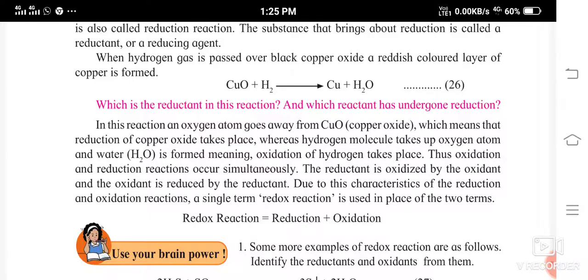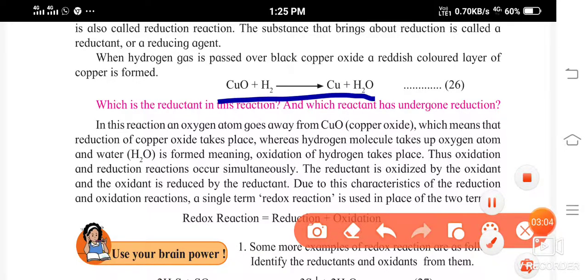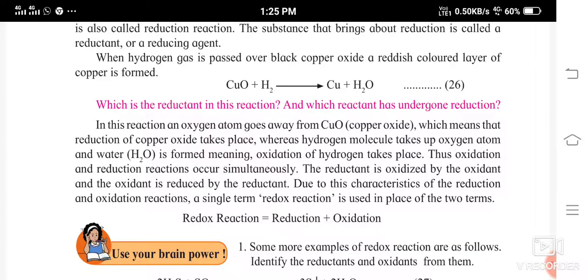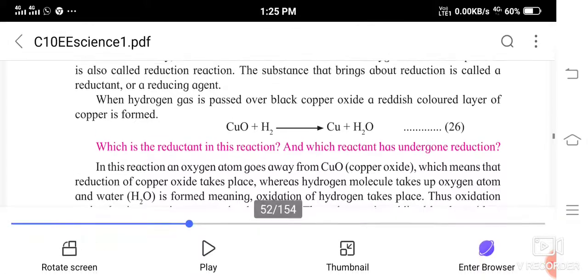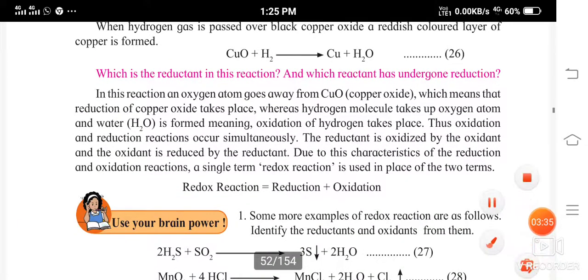Thus, oxidation and reduction reactions occur simultaneously, at the same time. So, the reductant is oxidized by the oxidant and the oxidant is reduced by the reductant. Due to this characteristic, a single term, redox reaction, is used in place of the two terms.